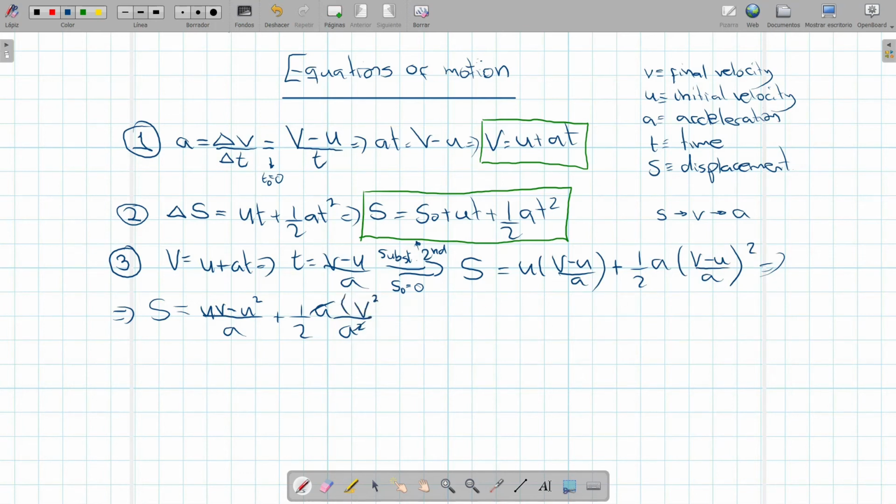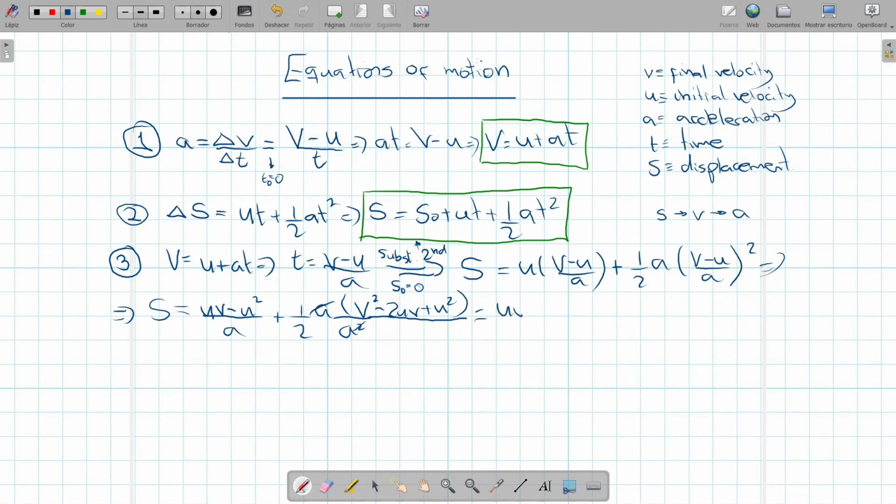We get v squared minus 2uv plus u squared. I am considering that you are familiar with perfect squares. If not, just write out the numerator and do the multiplication and you'll obtain the same thing. But I recommend you get familiar with perfect squares.